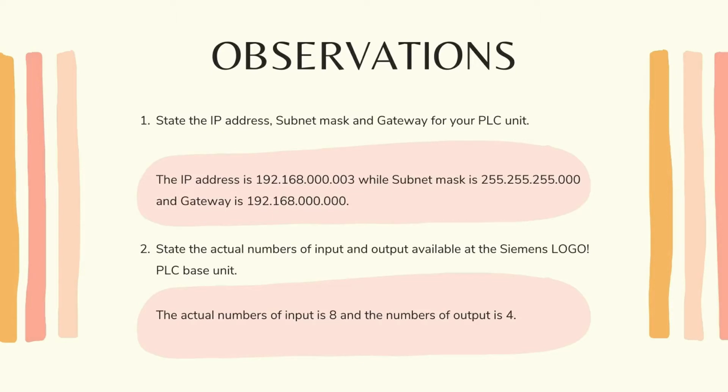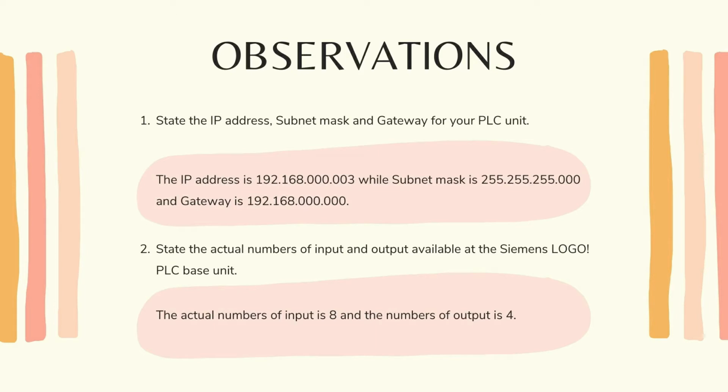So for the observation, question 1, state the IP address, subnet mask and gateway for your PLC unit. So the IP address is 192.168.0.003, while the subnet mask is 255.255.255.0. For the gateway is 192.168.0.0.